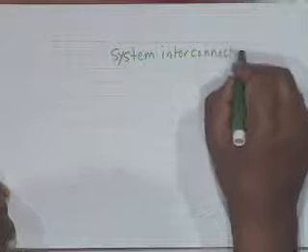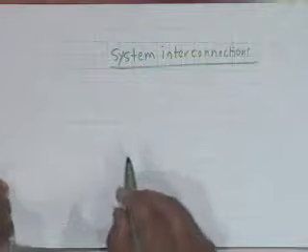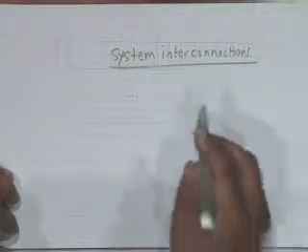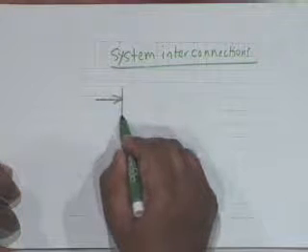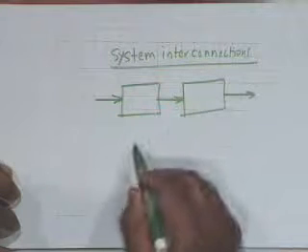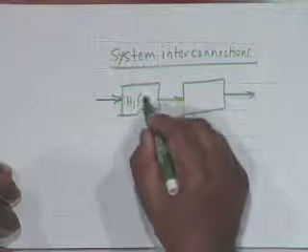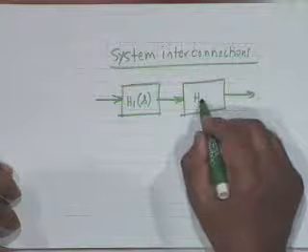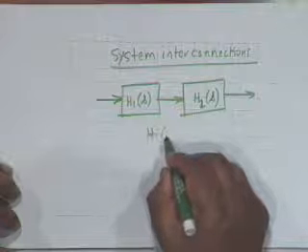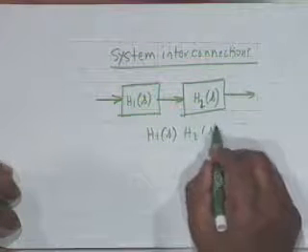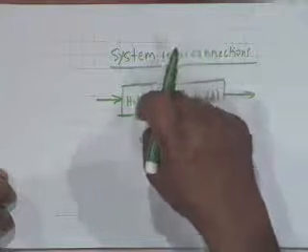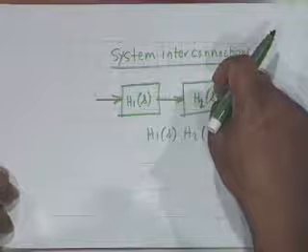We have done this again and again in connection with the Fourier transform, discrete time signals and systems and so on. We have said that if there are two LTI systems, one following another, with system functions H1 and H2, then the overall system function is H1(s) H2(s), which is simply the Laplace transform of the convolution of h1 of t with h2 of t.